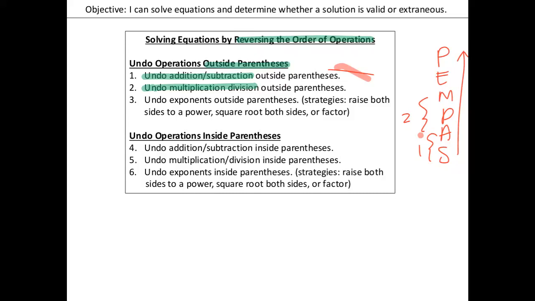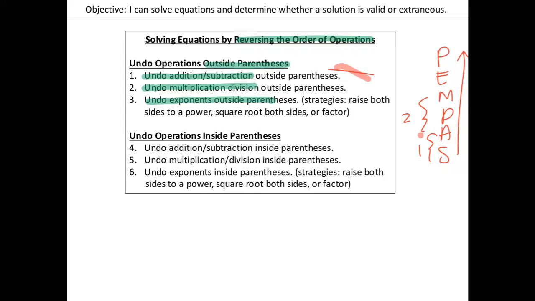And then it'll bring you to whatever's inside. It says parentheses, but even if it's a square root, anything inside the square root. So once you get to the square root portion or cube root or whatever, then you cancel the root by doing the exponents. So if it's an x squared, you would take the square root of each side.